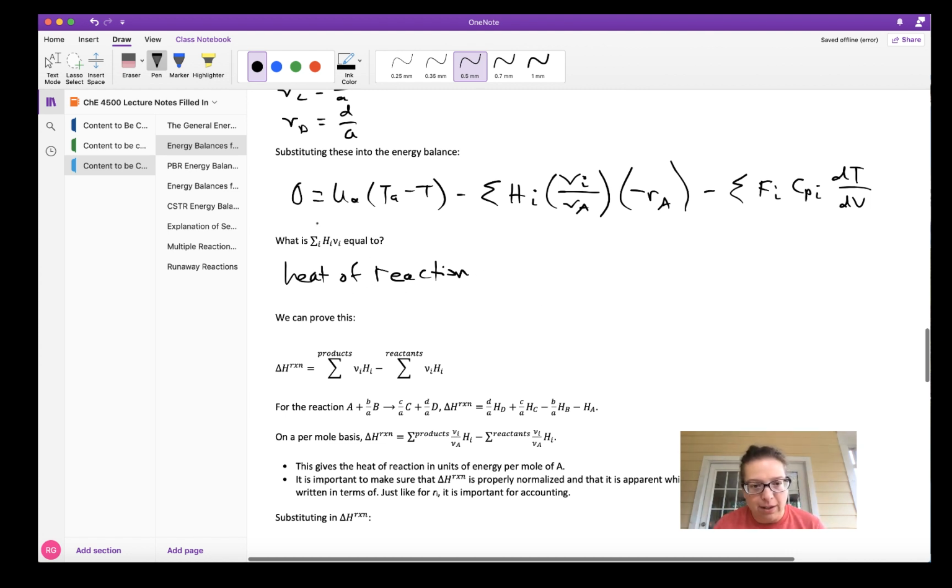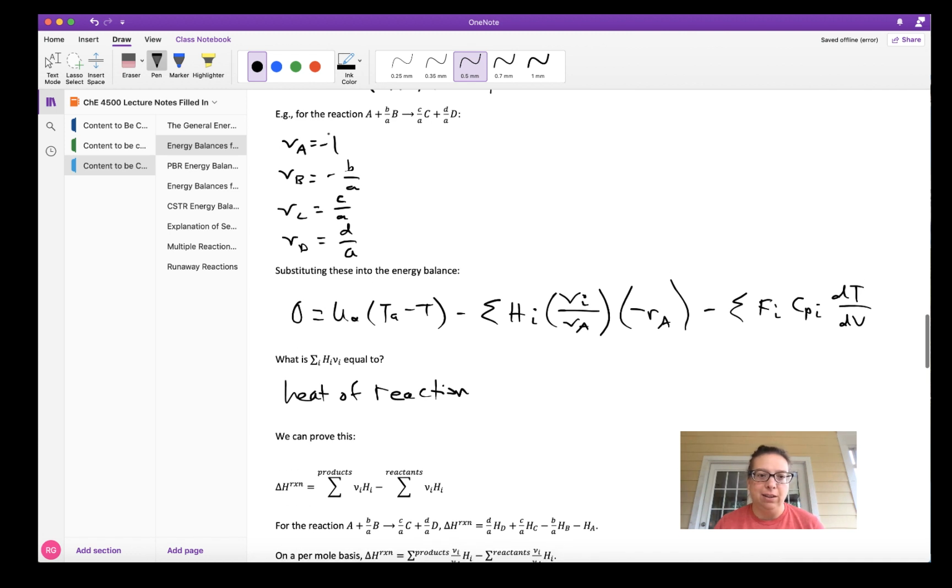Since it's the sum of the heat of formation times the stoichiometric coefficient, given that the stoichiometric coefficients for reactants are negative and those for products are positive, this is going to look like a sum of products minus reactants times their stoichiometric coefficients. That's what heat of reaction is.